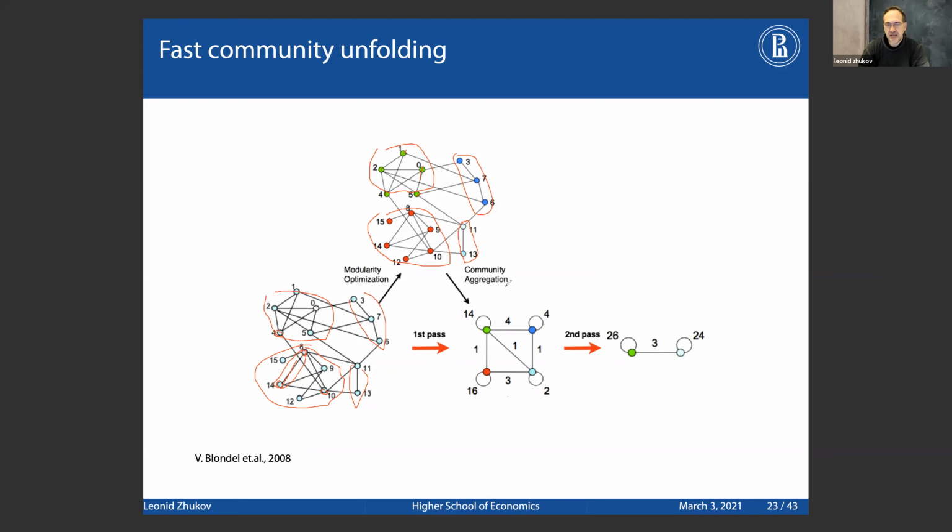And then on the next step, we take those nodes and form a super node by literally collapsing them and putting a weight that corresponds to the number of edges being collapsed. And then we repeat this process again and again until we pretty much end up with a single cluster for the entire graph.